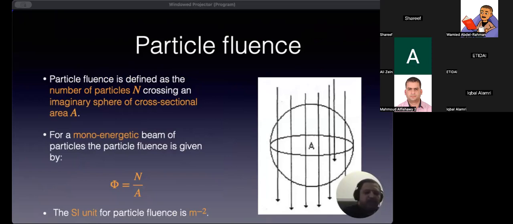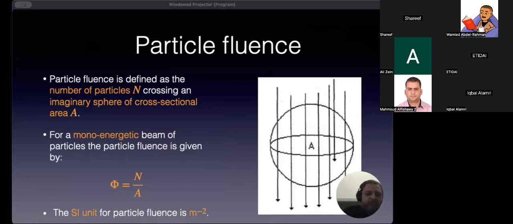So let's imagine we have a sphere here, with a cross-sectional area of A. Essentially, all we're doing is counting how many particles are going to cross this cross-sectional area.